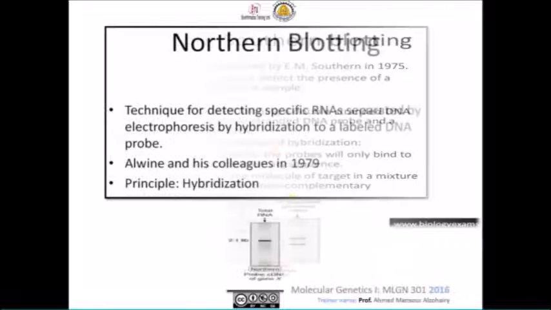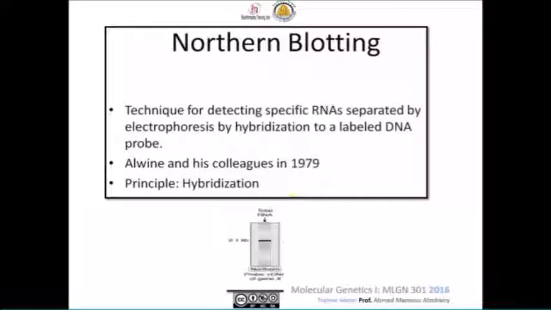Northern blotting is a technique for the detection of specific RNA separated by electrophoresis, by hybridization to a labeled DNA probe. Alwine and his colleagues developed that technique in 1979, and here also the principle is hybridization.